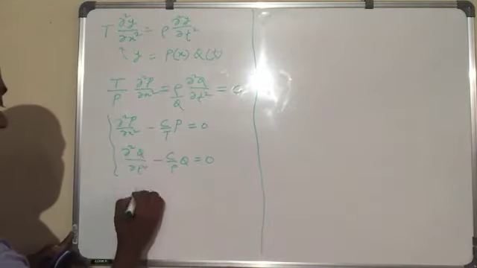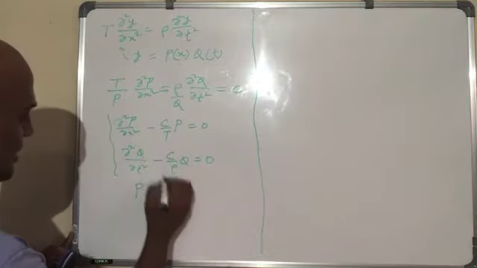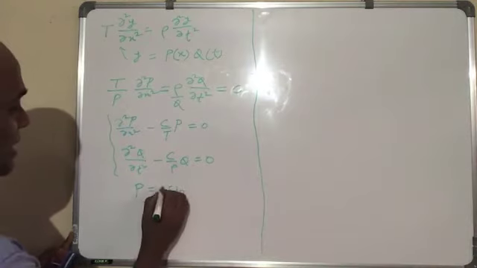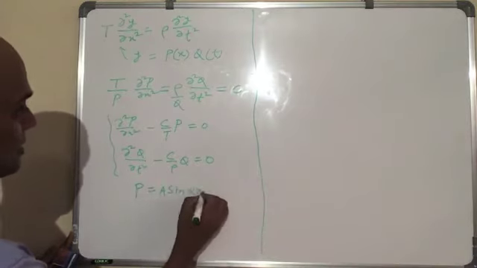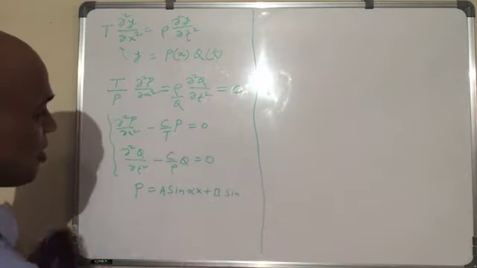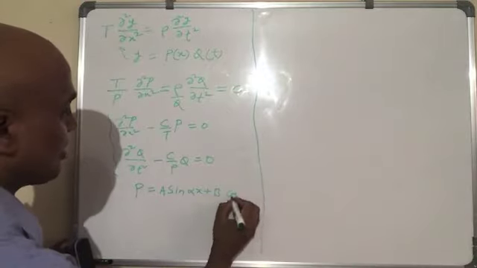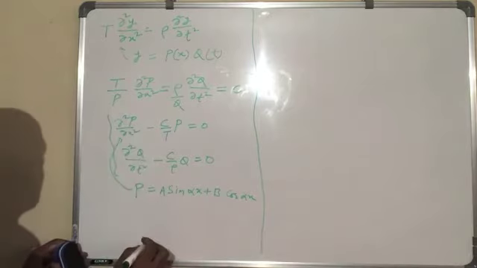So P will be again sinusoidal: P equal to A sin alpha x plus B cos alpha x.